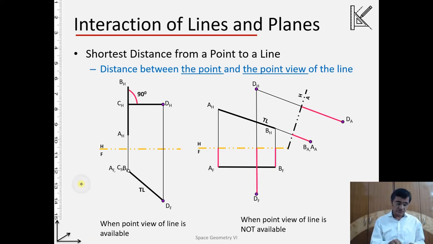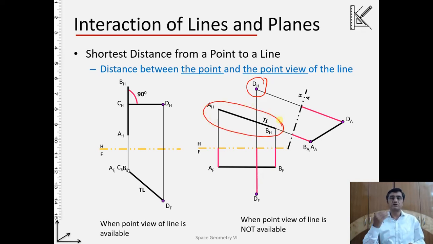So we measure the distance between these two. We join them. If we join it now, I would also like to determine where is the foot of the perpendicular, say from D in the horizontal projection onto the line AB, which is the horizontal projection of the line. Where will that be?